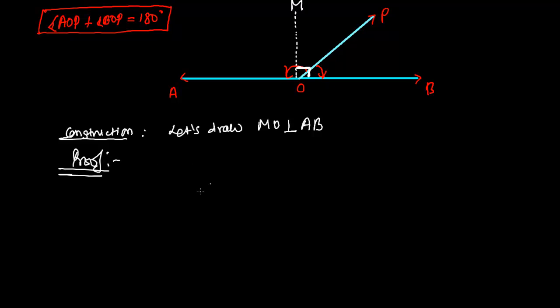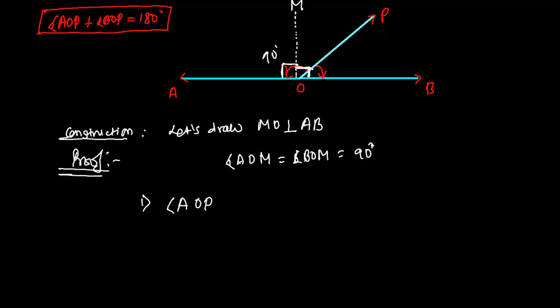If I draw MO perpendicular to AB, then angle AOM equals angle BOM equals 90 degrees, because this is perpendicular. Both are 90 degrees.